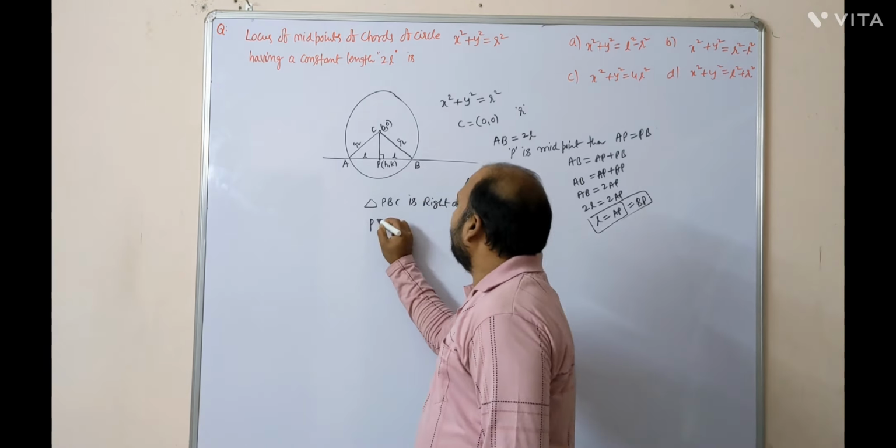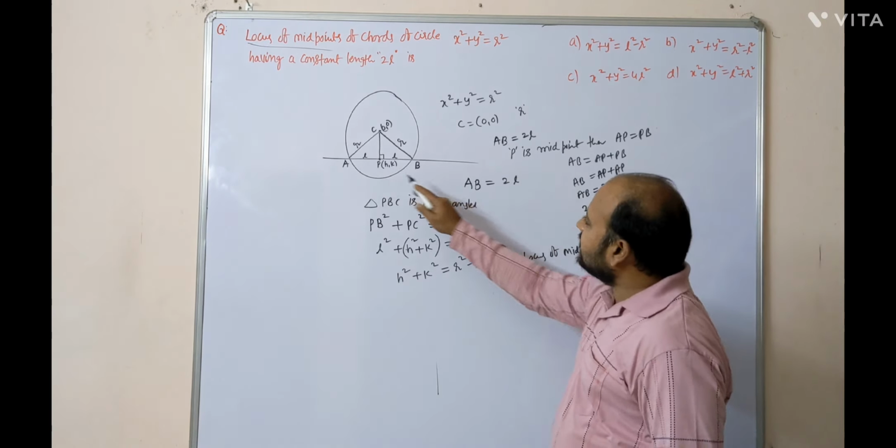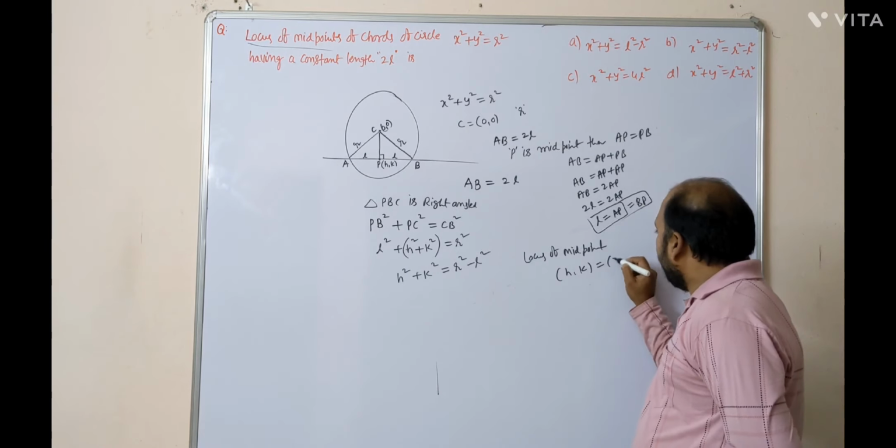So (h minus 0) whole square plus k square is equal to CB, which means r square. Taking l square to this side, h square plus k square is equal to r square minus l square. The midpoint we have taken is h comma k, and for the locus we can treat h comma k as x comma y.